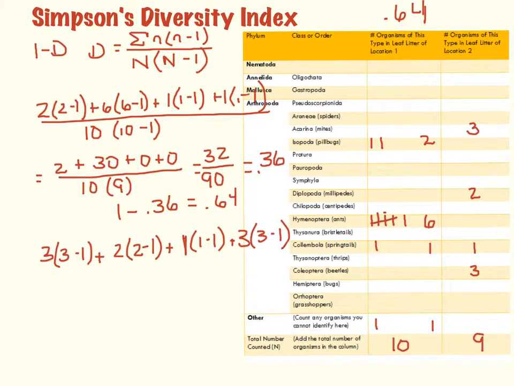If you have 5 different kinds of things, you'd have 5 different numbers to add up here. If you only find 3 kinds of things, you'd only add 3 things. If you're really lucky or really unfortunate, you might find some of all of these, and then you'd have lots and lots of numbers to add up in that numerator of your fraction.